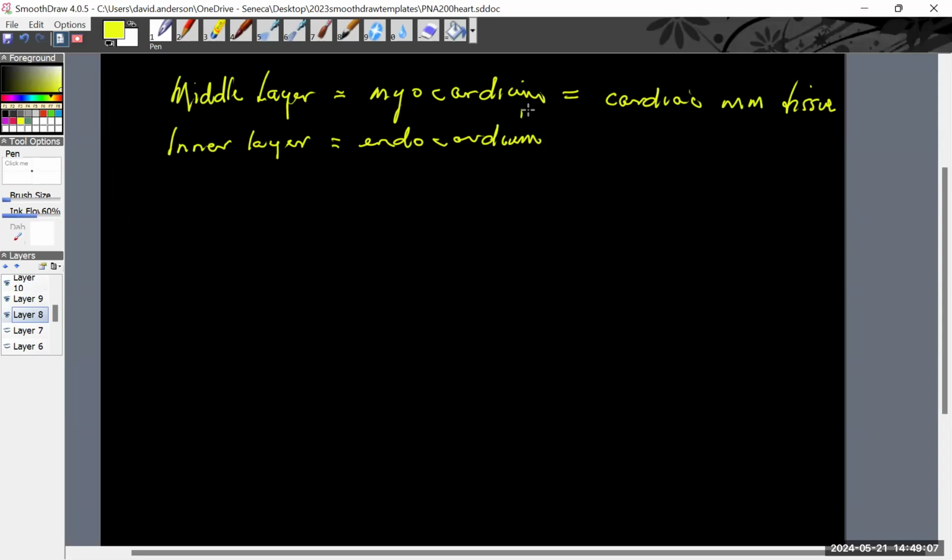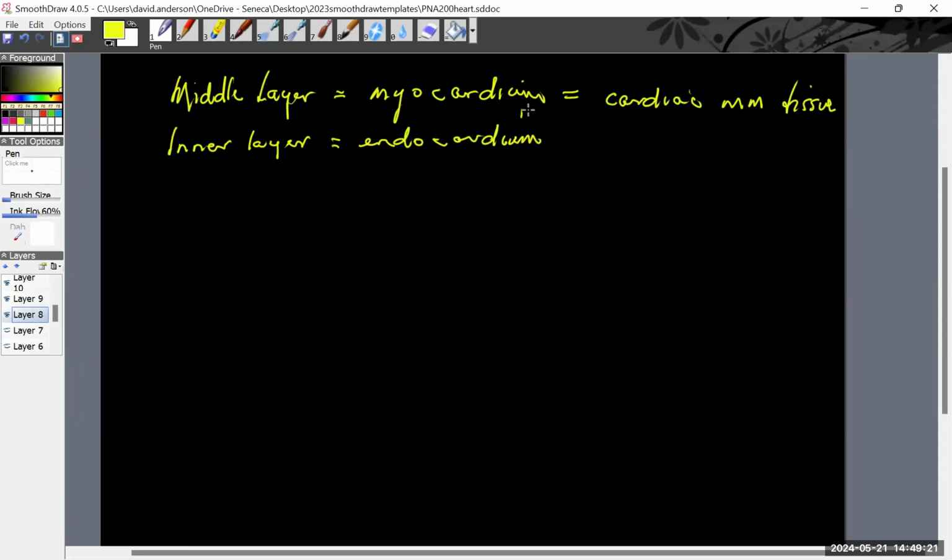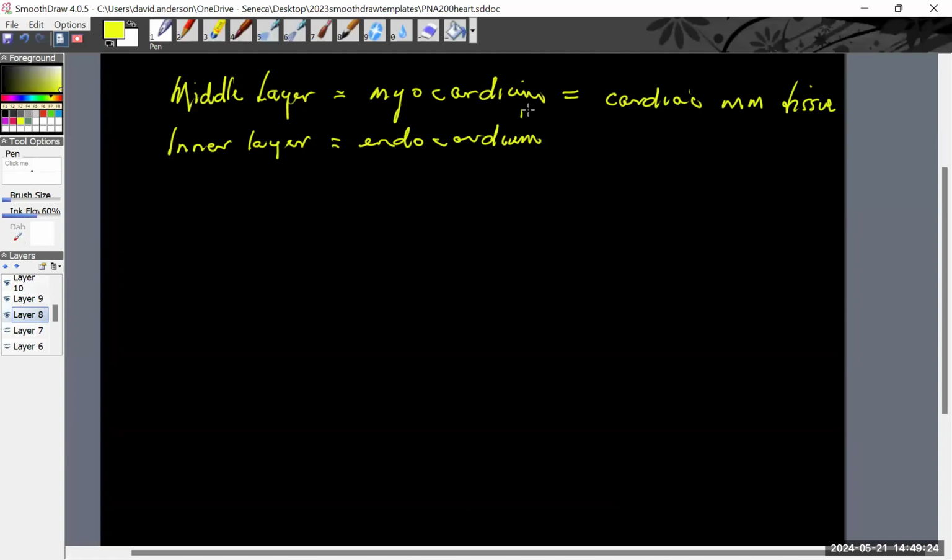But the idea is that this endothelium, the innermost lining of the blood vessels and heart walls, is designed to be very, very smooth in order to minimize turbulence or disruptions in blood flow. So we want a nice, smooth inner lining that allows the blood to move without being disturbed. If you disturb or agitate blood, sometimes you initiate blood clotting mechanisms, and we don't want that to happen inside the heart. So the endocardium is made up of this lining, often of simple squamous or sometimes stratified squamous epithelia, creating a very smooth surface.